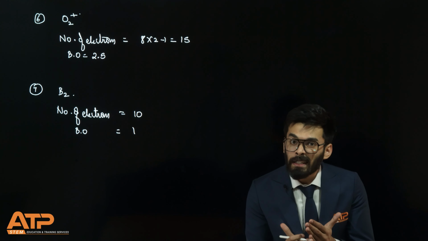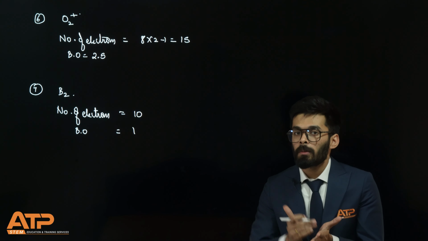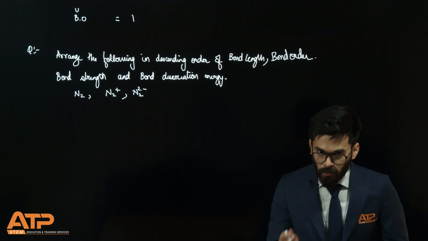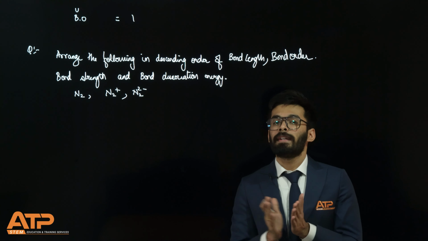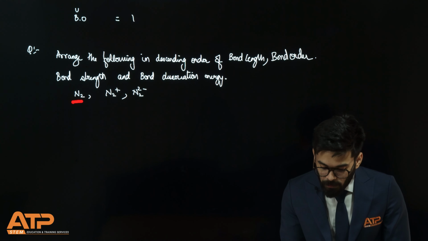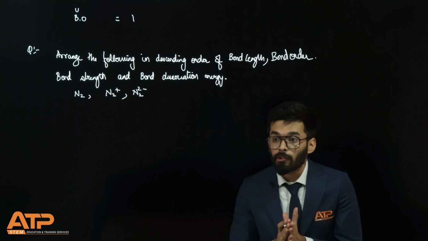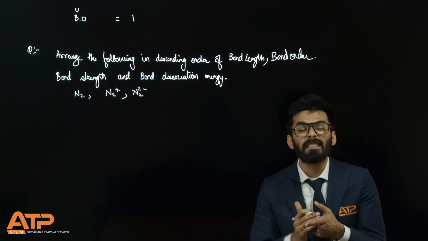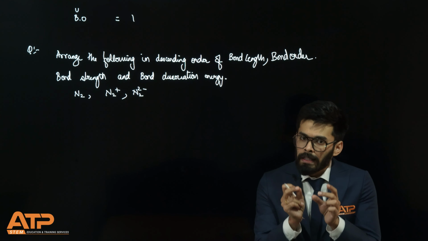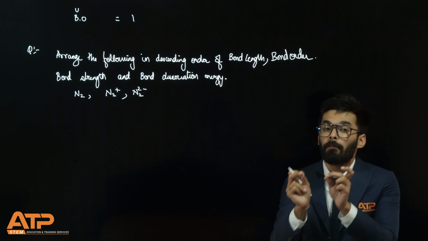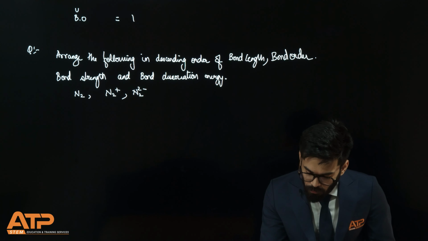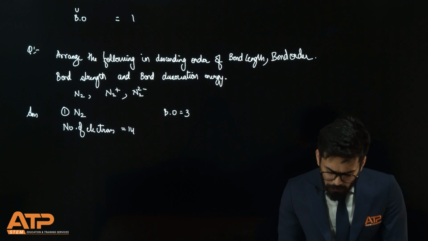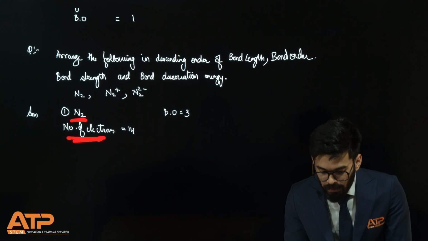Now let's do some questions in which we have to relate bond order, bond strength, bond length, bond energy. Let's do one question based on that. So in this question, everyone please carefully read the question. We have been given 3 species. For these species, we have to arrange in descending order of bond order, bond strength, bond energy, and bond length. First of all, in these types of questions, find bond order. So how to find bond order? Shortcut, right? So in case of N2, how many electrons are there? 14.